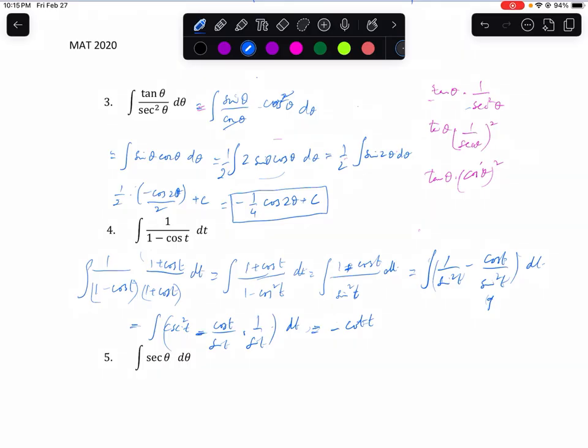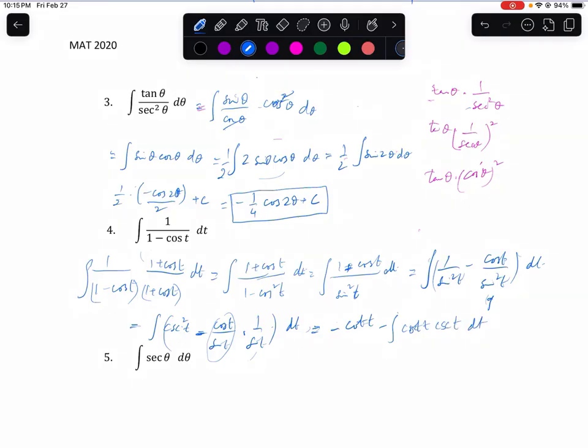And then this one is cotangent and this is cosecant. So let me just write it like this: minus integral of cosecant t cotangent t dt.